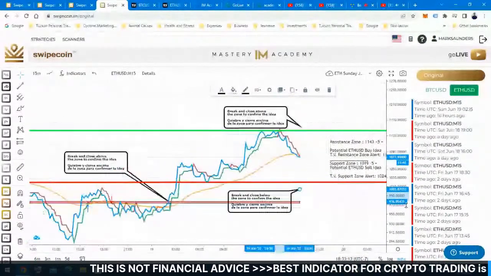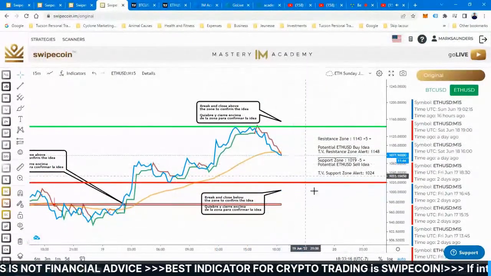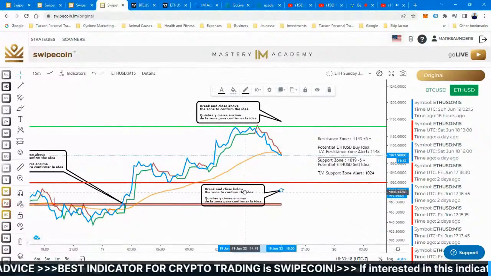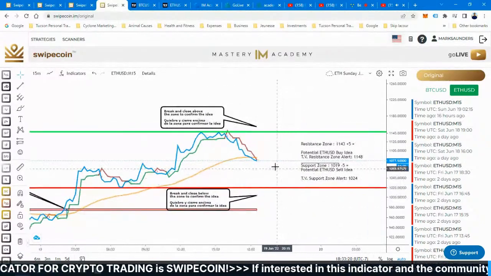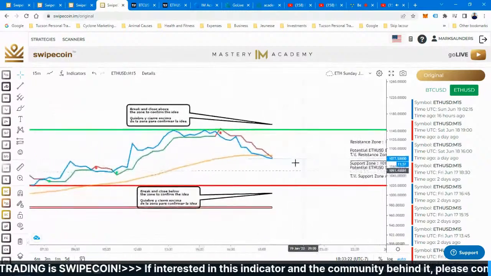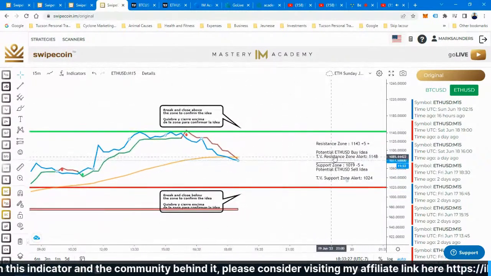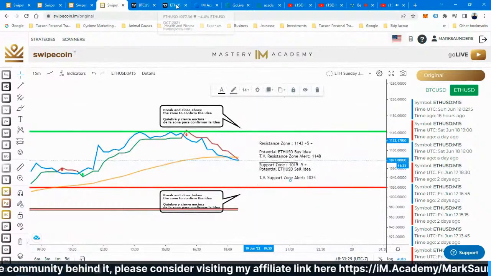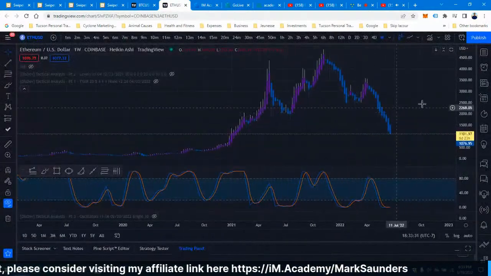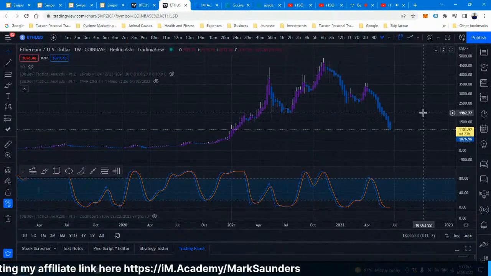Okay, now see, we've got Ethereum inside this box right now. If it breaks out... we are zoomed in. This is Ethereum on the weekly, a zoomed out perspective.